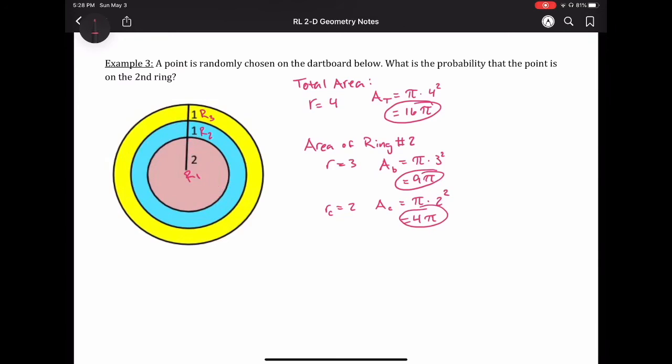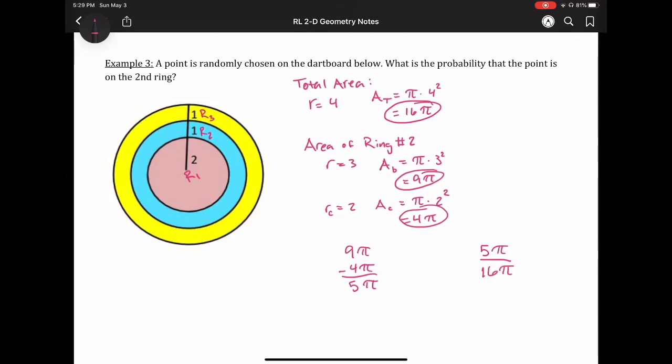So I have my total area for that circle of 9 pi, and I'm going to subtract the center of 4 pi, and that leaves me with 5 pi. So my probability is going to be, the probability of landing on the second ring is 5 pi over my total area of 16 pi.